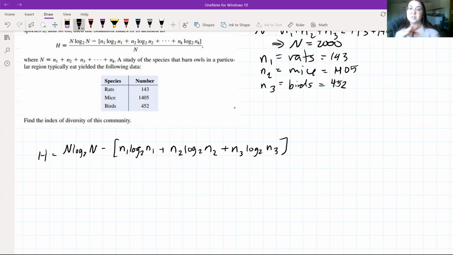It stops there, since there are only 3 species, so we only have to do this 3 times. And this is all going to be divided by capital N.